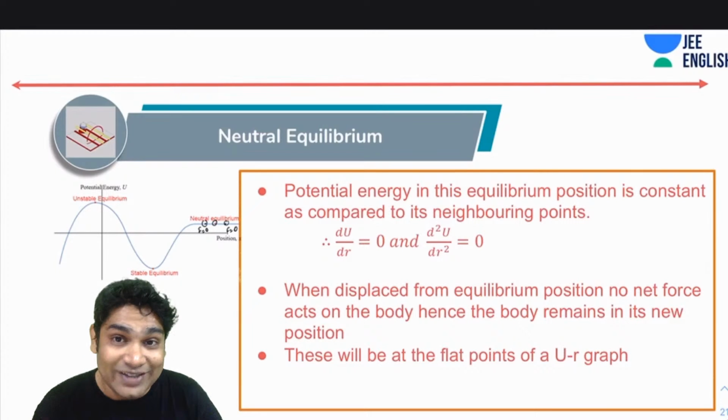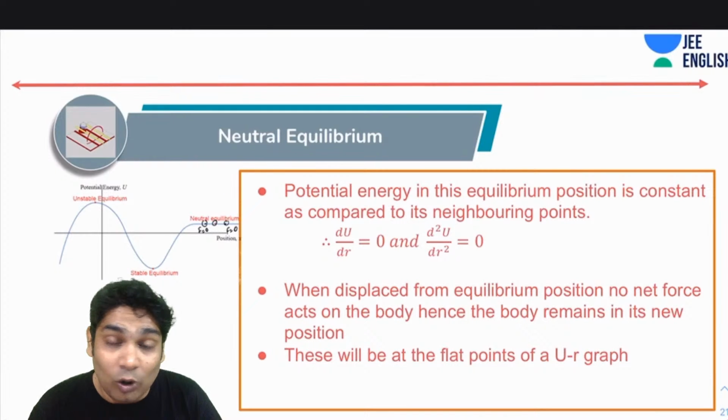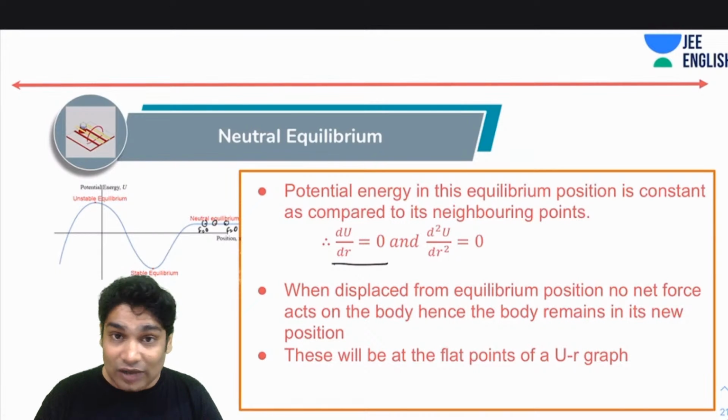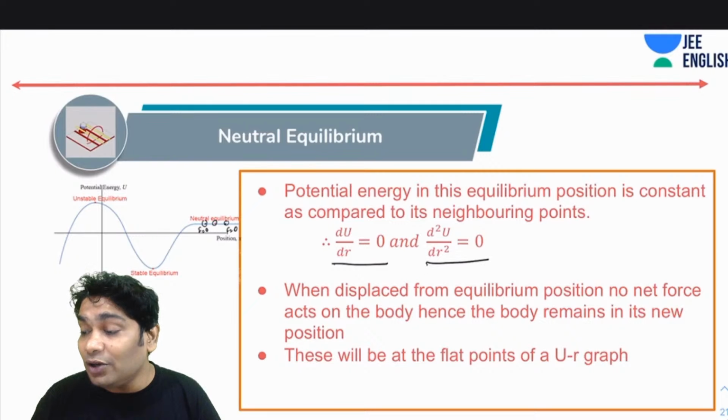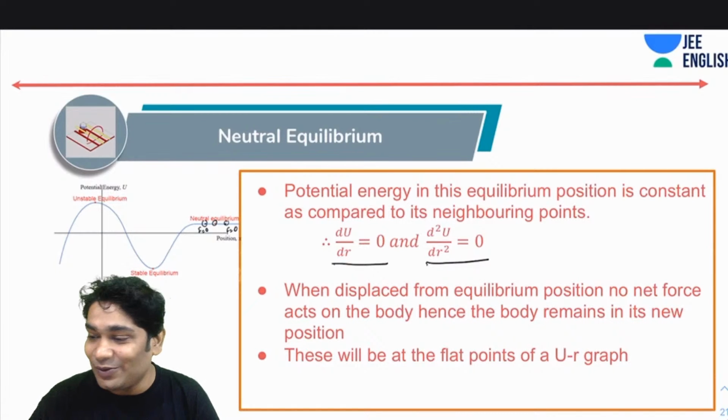Mathematically, the potential energy in this kind of equilibrium becomes constant and the same at all neighboring points, which means dU over dr is 0. That is true for all equilibriums. But for neutral equilibrium, d2U over dr2 will also be 0 because the slope is not changing. It remains 0 at all points, so the slope of the slope also becomes 0.